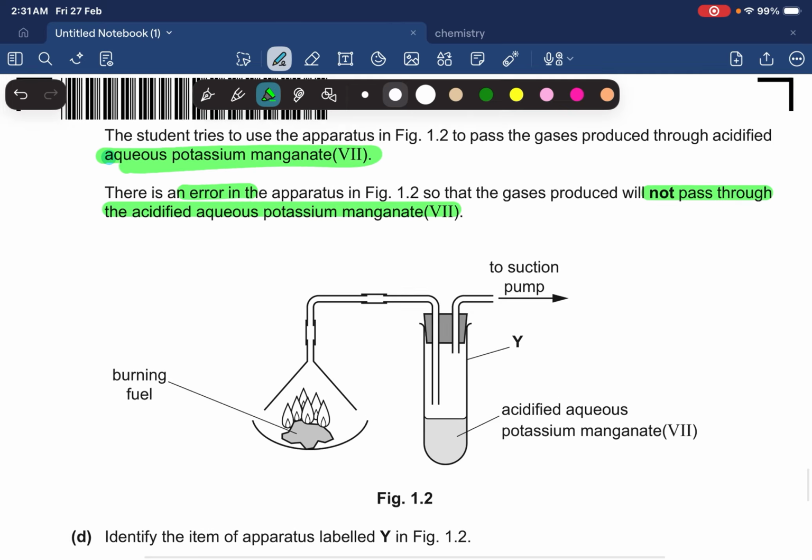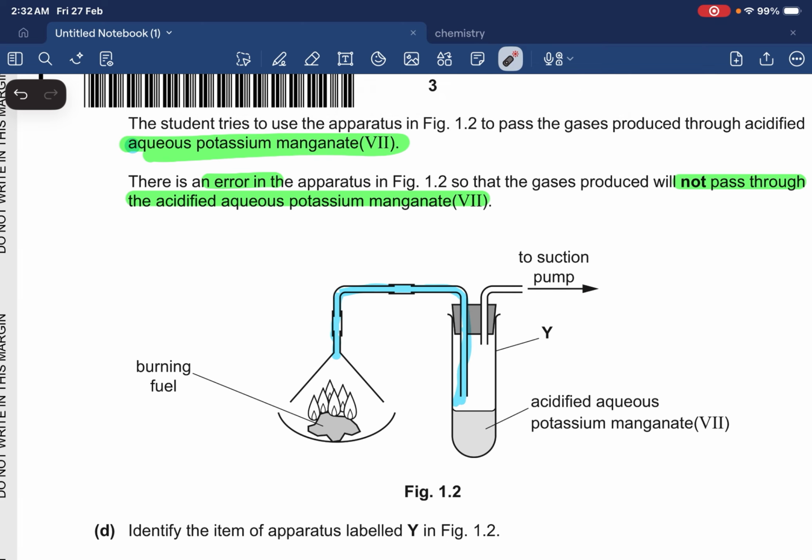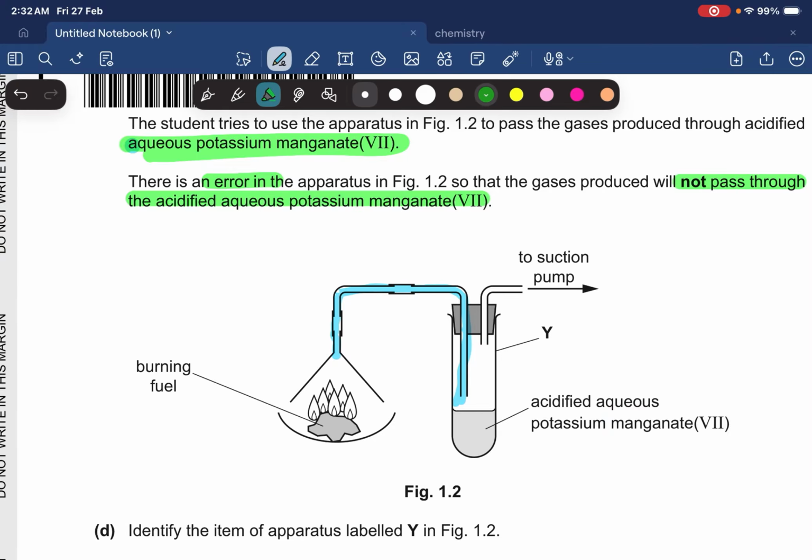So now we are producing some gases. The gases pass from this tiny little tube to here, here, here, and here. But they're saying that the gas does not enter the acidified aqueous manganate. The problem is that we want the gas to enter this liquid.